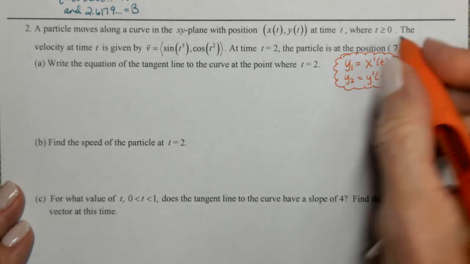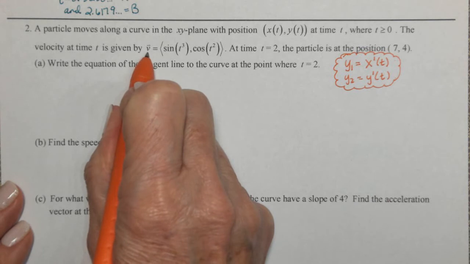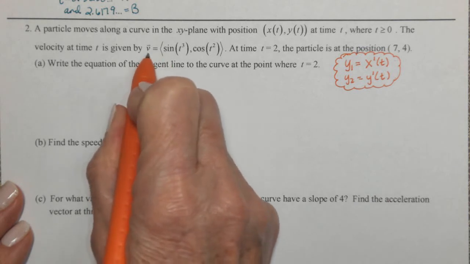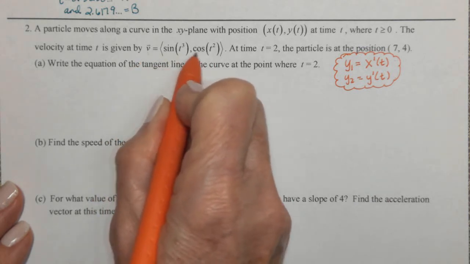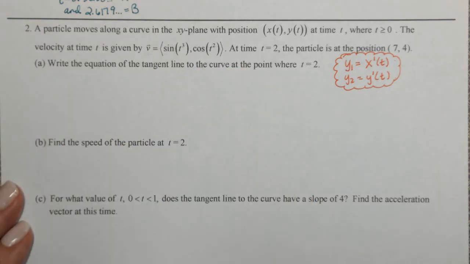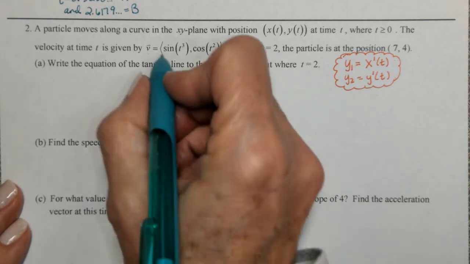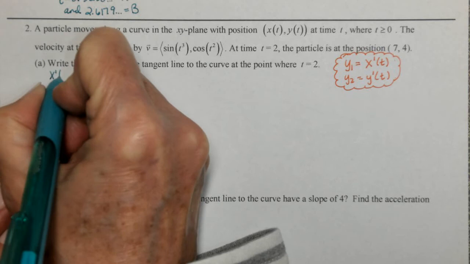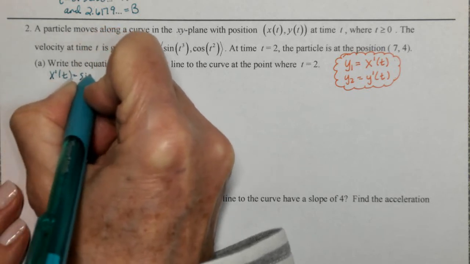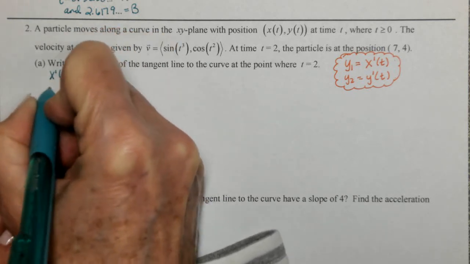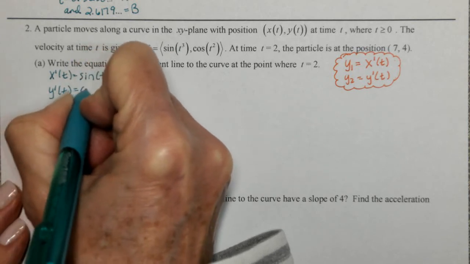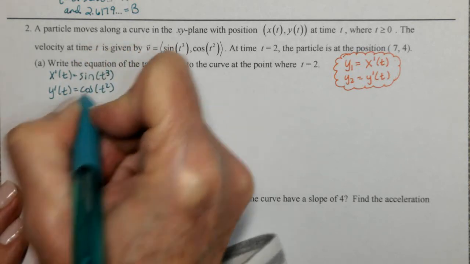So for this one, they gave me the velocity function. And I know if they give me the velocity function, they're giving me x prime and y prime. I know that. But is it explicitly given to me? No. It's just because I know what velocity is. So the first thing I'm going to do in this problem is say x prime of t is sine of t cubed. y prime of t is cosine of t squared.